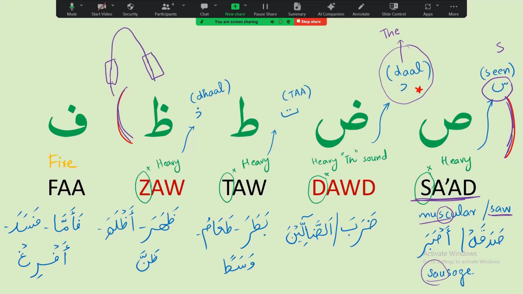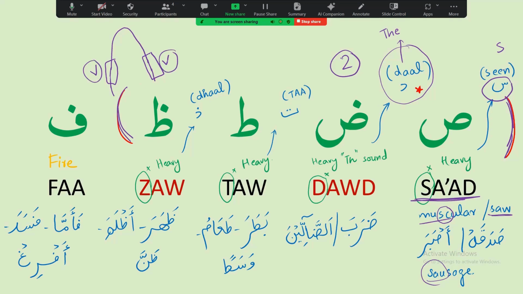Sisters, for this second letter for today, you can take one side of the back part of the tongue, either this side or this side, or sometimes people find it convenient to use both sides.